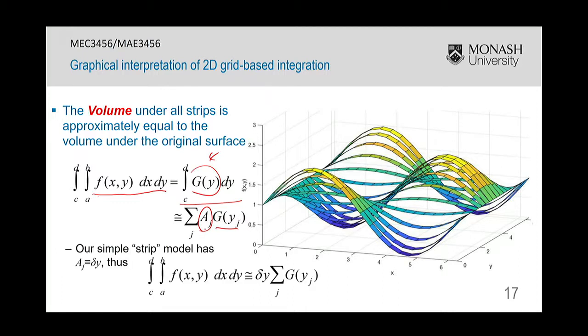Now our simple strip model has these coefficients, aj, just equal to delta y. So we can write our integral as delta y multiplied by the sum of our integrals in x, from a to b.